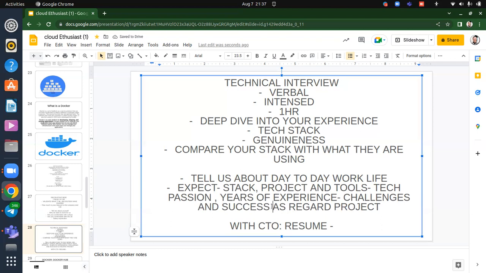If you say you have used XYZ tool, how did you use it? Were you the one that did it, or did you join the team that did it? What is your role in that team? What was the challenge? What was the value to the team? These are the questions they will ask you, and they are deep questions.